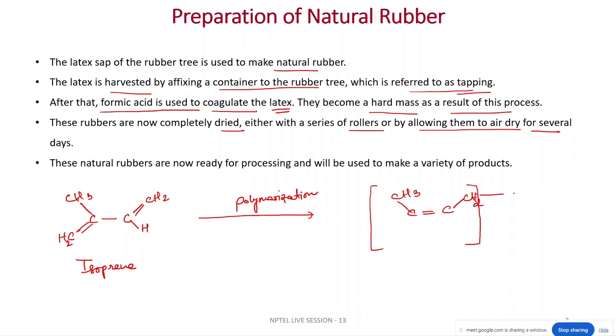From this end, it will go on, and also from this end it will go on. Other things will be the same. N number of this repeating unit will be there. This is known as polyisoprene, also natural rubber.